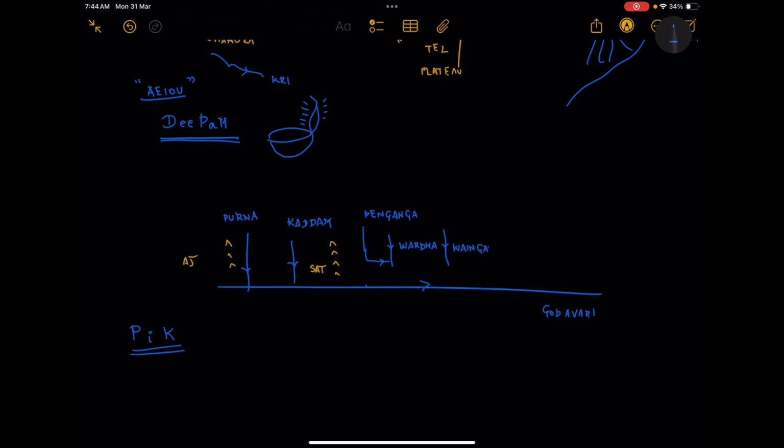Vainganga here. So both of them merge together to form the river Pranita. Right? So there you go. That's Pranita for you. So this is the second set.